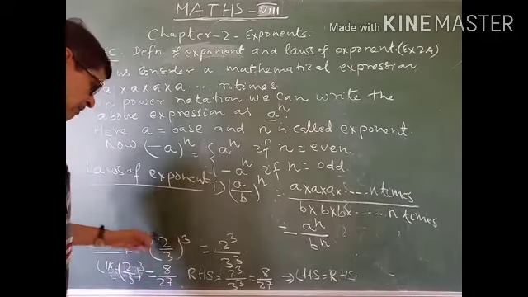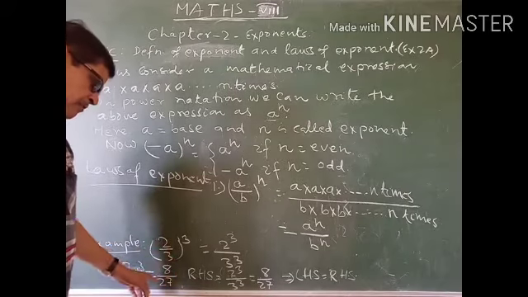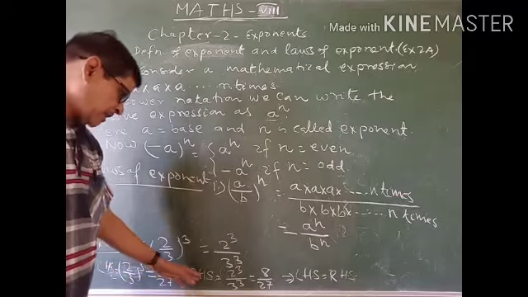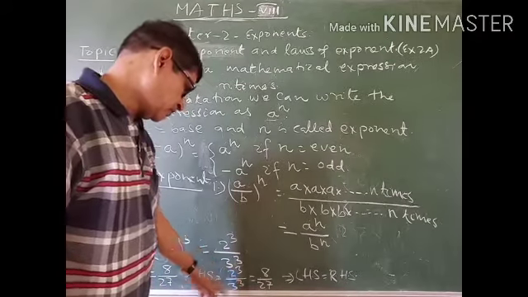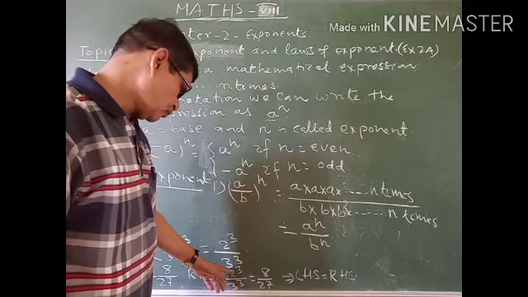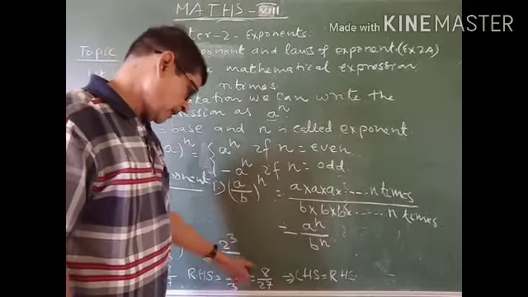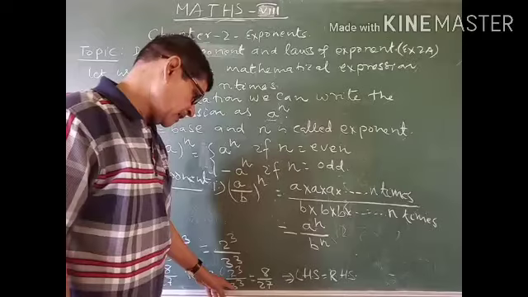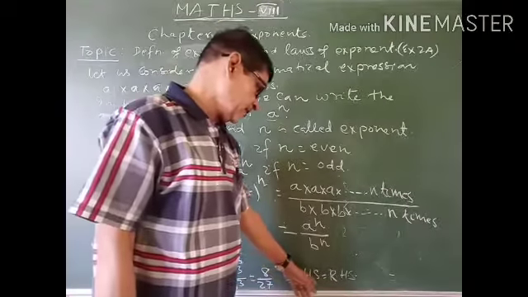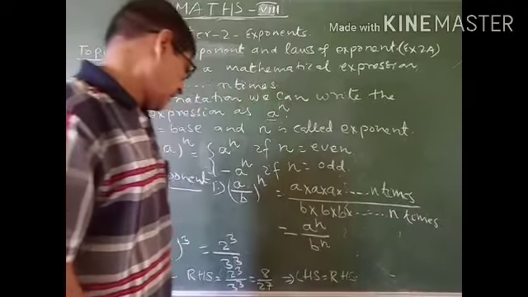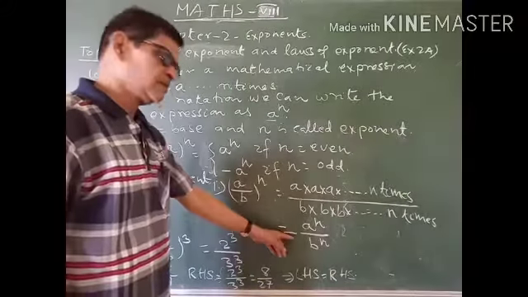It means the value of LHS is 8 by 27. RHS, 2 to the power cube, 3 to the power cube. This will be equal to 2 2s are 4, 2 4s are 8, 3 3s are 9, 9 3s are 27. Thus we see LHS equal to RHS. It means this law is correct.